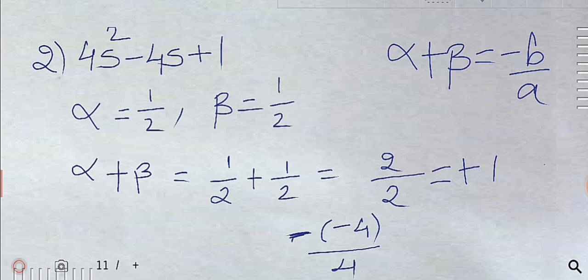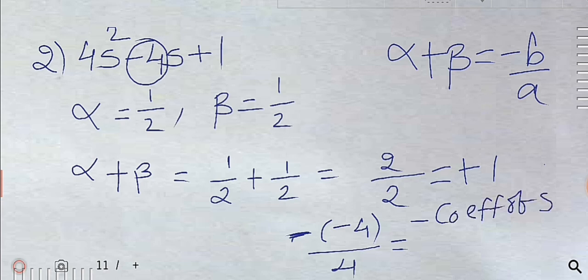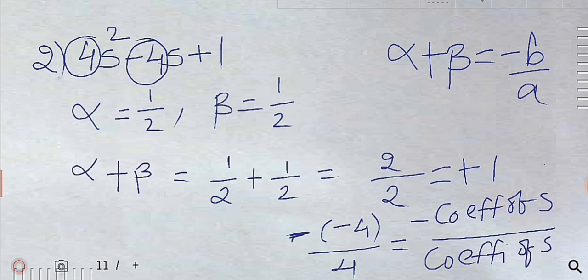So this can be further written as minus of minus 4, which is the coefficient of s, by 4, the coefficient of s square. This is how we see the sum of zeros.